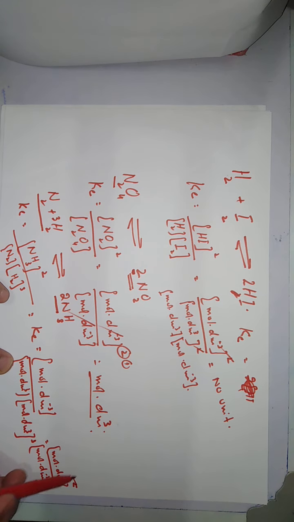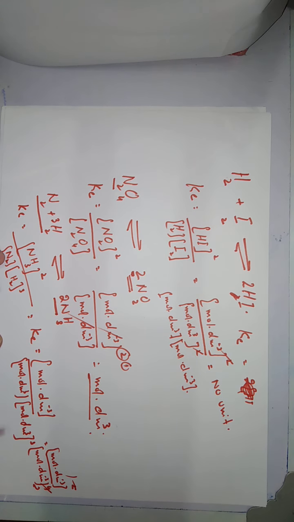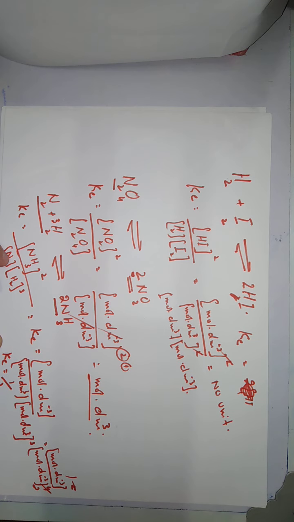Now 2 ones are 2, 2 twos are 4. So in this chemical reaction, the unit of Kc is 1 by 2.